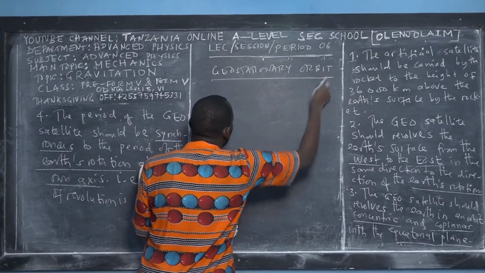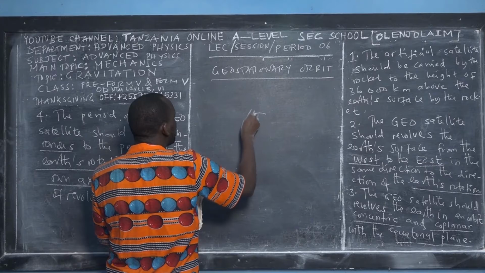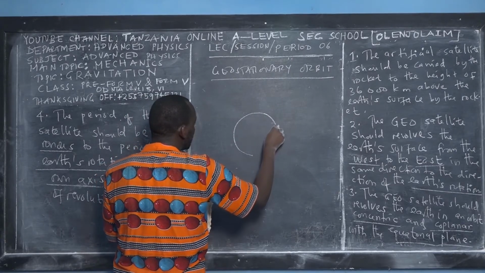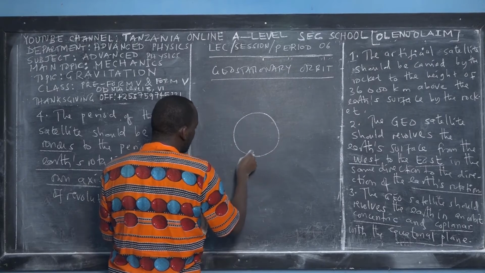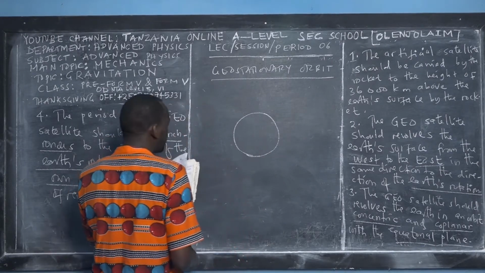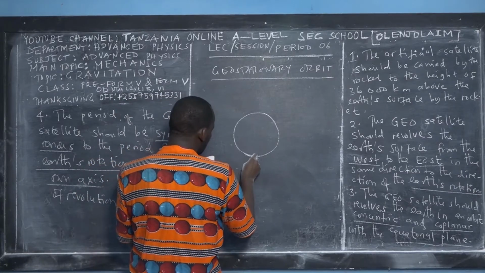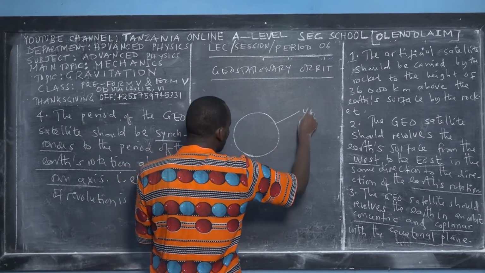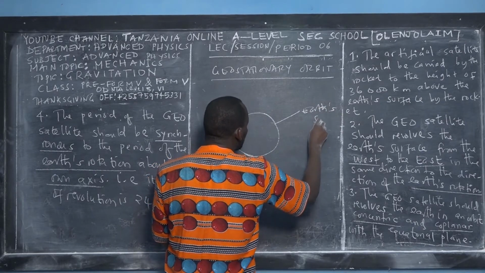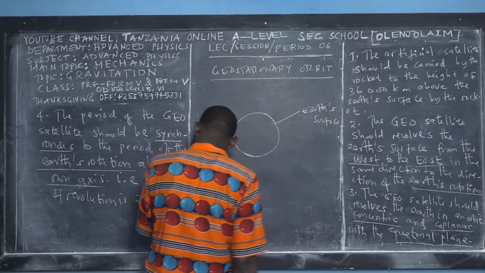The geostationary orbit, we say that suppose we have the S surface. This is the S surface.